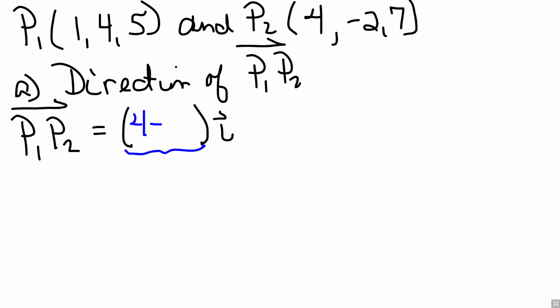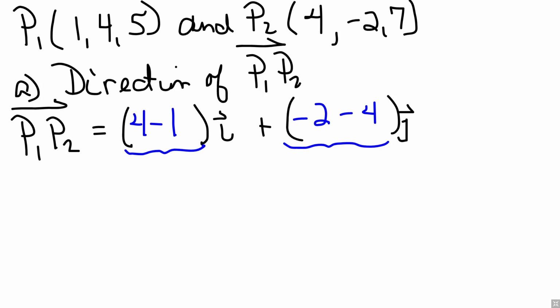Then plus, we're going to have our j component. So what will I put inside the parentheses here? -2 minus 4. Is it supposed to be -4 or just -2 minus 4? Just 4. Okay, just 4.